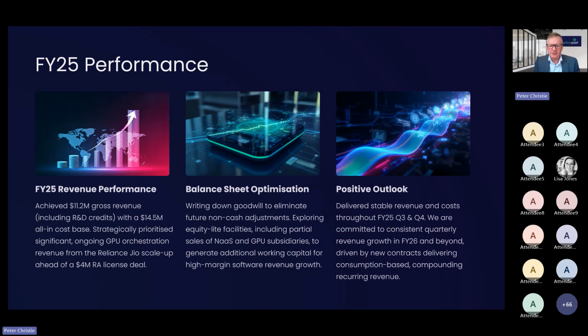In FY25, as people will see at the end of when we put out the full year report, we are optimizing the balance sheet still. We've reduced a huge amount of debt to the point where the debt left is really just normal rotation of working capital. So the debt position on the balance sheet is far and away better than it was going into FY25. We will write down the majority of our goodwill just to eliminate future non-cash adjustments.